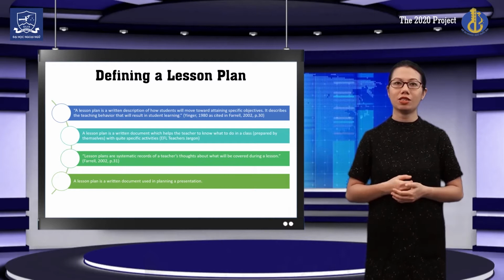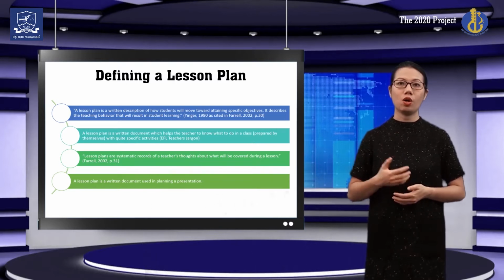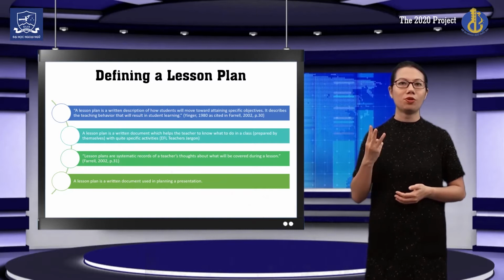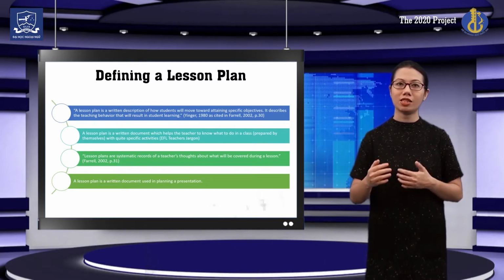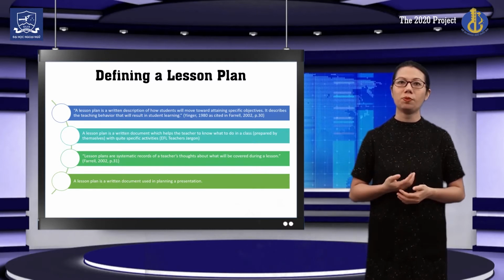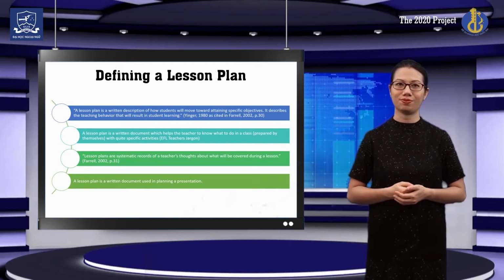A lesson plan is a written document which helps the teacher to know what to do in the class, prepared by themselves with quite specific activities. Number 3. Lesson plans are systematic records of a teacher's thoughts about what will be covered during the lesson. And number 4. A lesson plan is a written document used in planning a presentation.